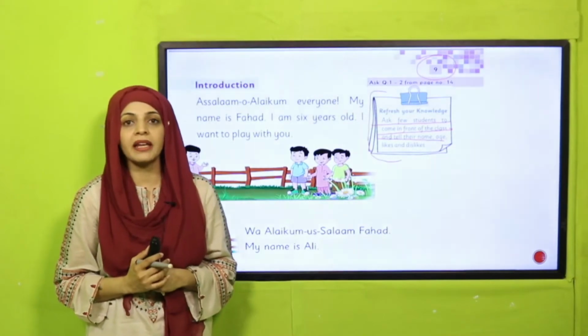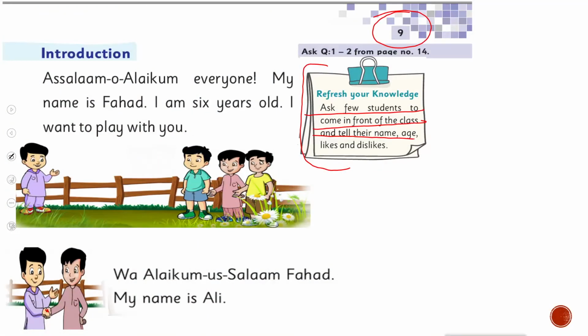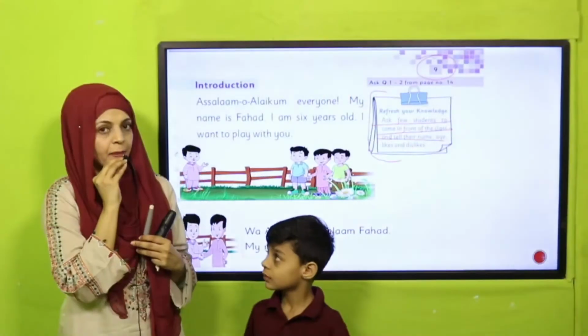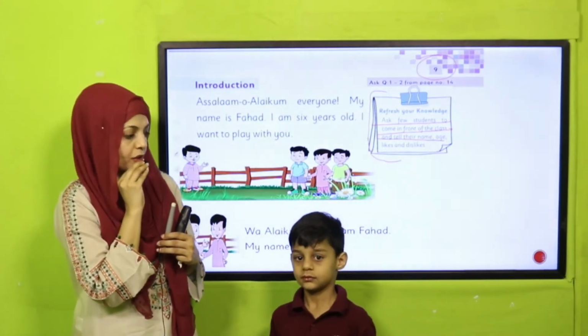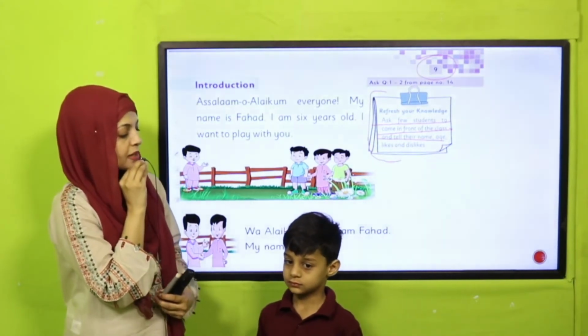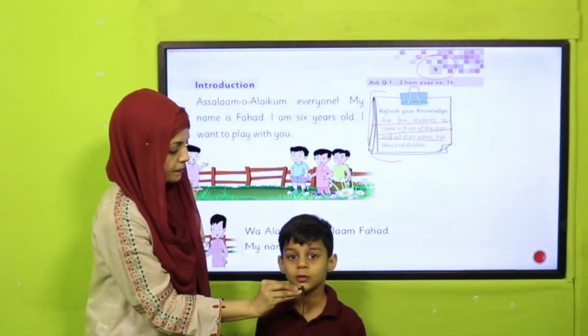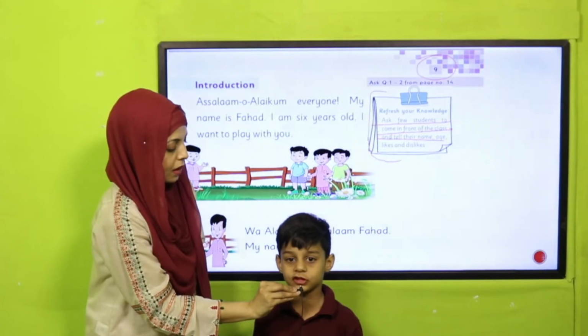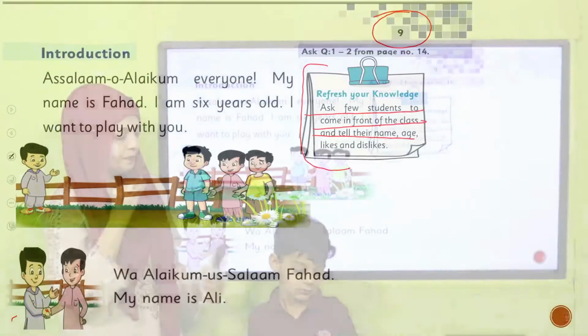He will come and give his introduction. Muhammad Ahmed, please come. Assalamu alaikum, Muhammad Ahmed. I am Ms. Farheen and I am 29 years old. Now I want you to please give your introduction. Assalamu alaikum. My name is Ahmed. I am 6 years old. Thank you so much, Ahmed. You can sit now.